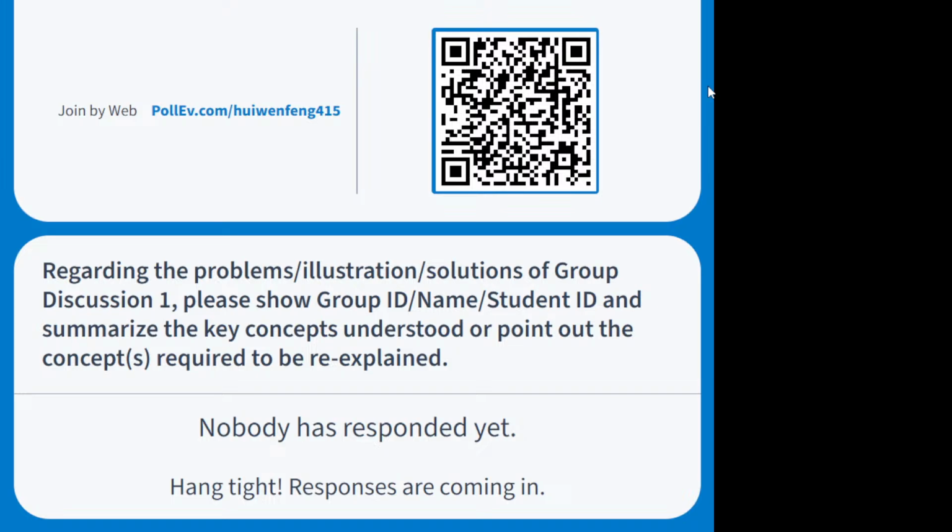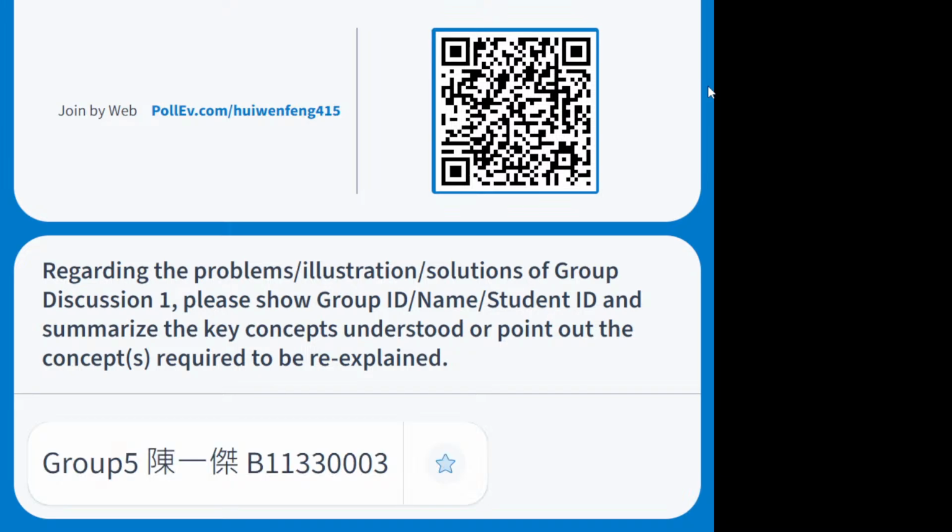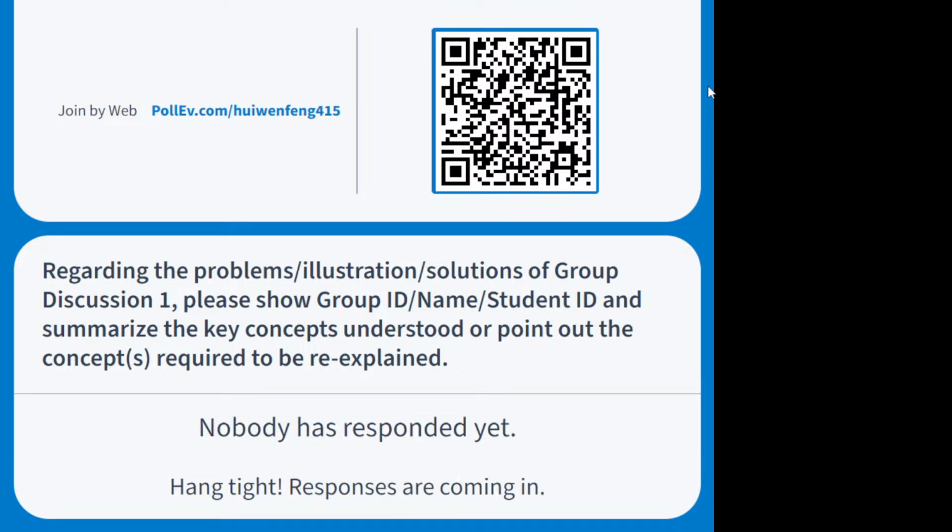You cannot skip group ID, name, student ID, and then you need to have the summary. If you still have something you're not so familiar with, let me know, so that later I can check them.